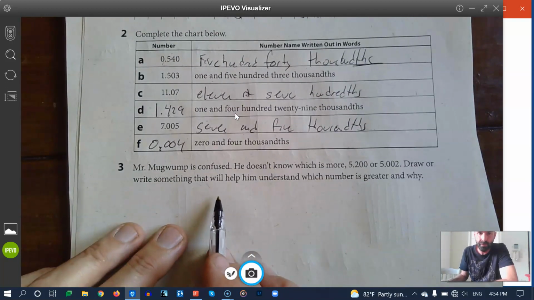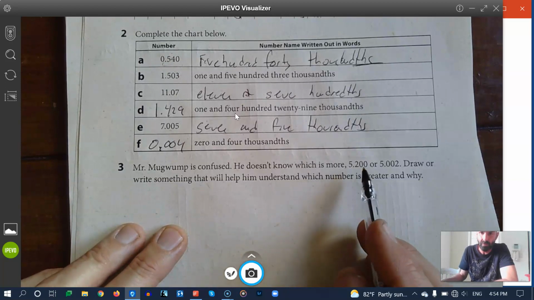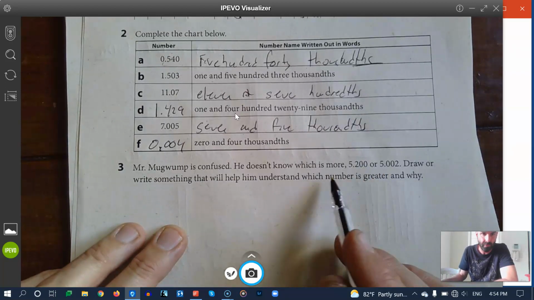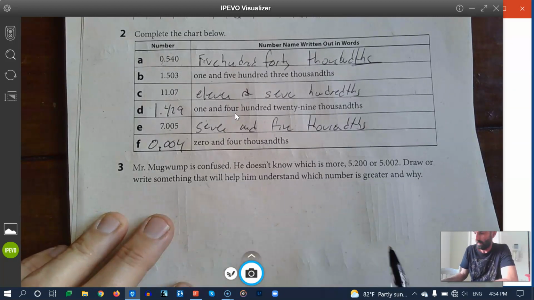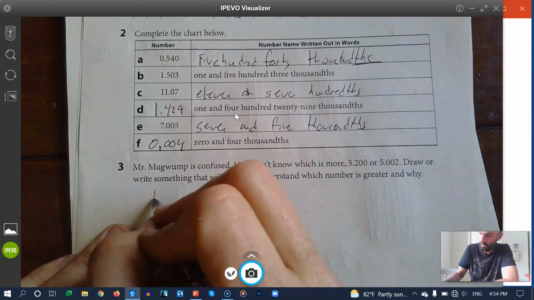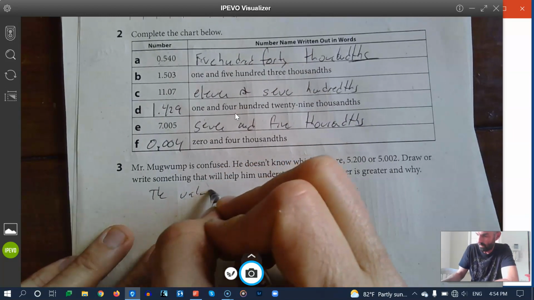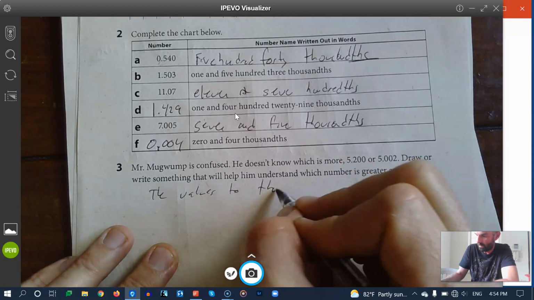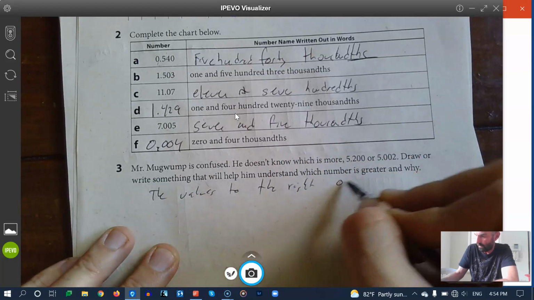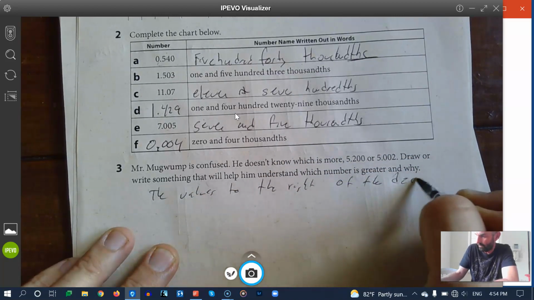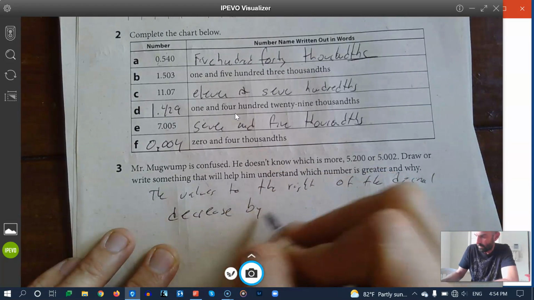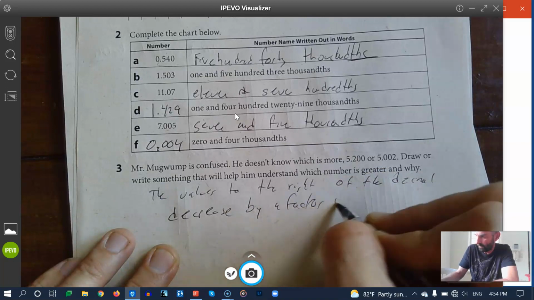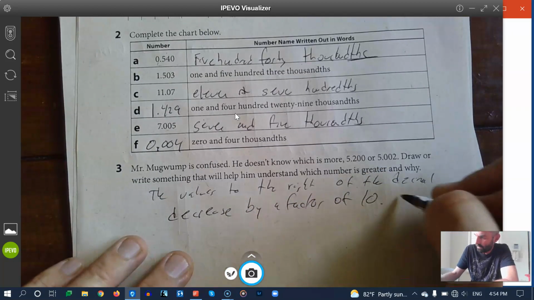Mr. Mugwump is confused. He doesn't know which is more, 5 and 200 thousandths or 5 and 2 thousandths. Draw or write something that will help him understand which number is greater and why. The values to the right of the decimal decrease by a factor of 10.